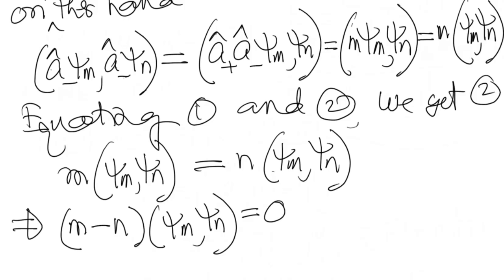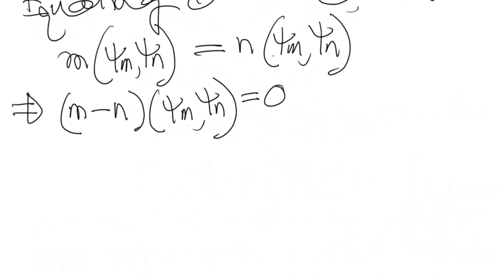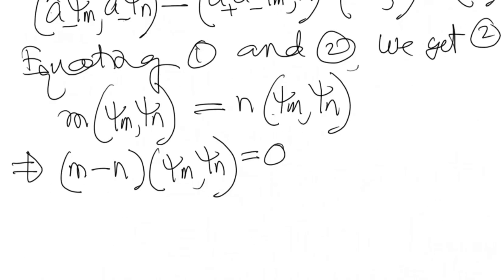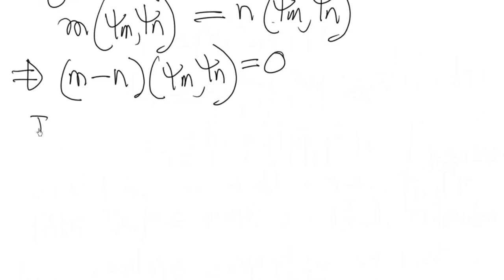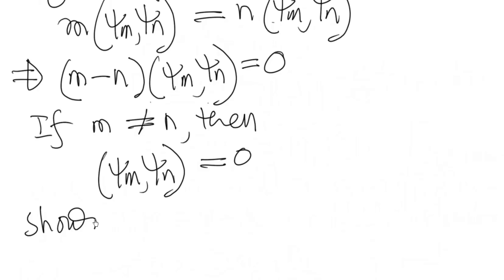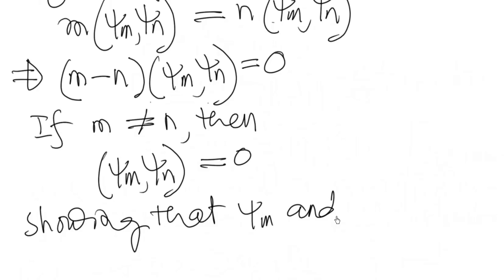But now if we apply our given condition that if m is not equal to n, then this one must be 0. Showing that psi m and psi n are orthogonal to each other.